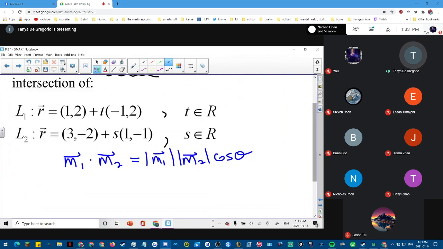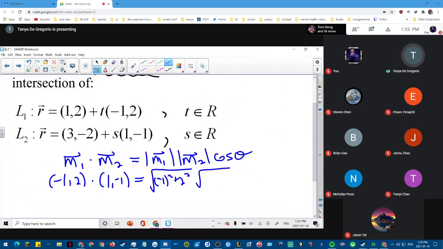So now I just sub in. There's my first direction vector. I'm going to dot it with my second direction vector. I'm going to take the magnitude of my first direction vector and multiply it by the magnitude of my second direction vector. And I'm going to solve for theta.